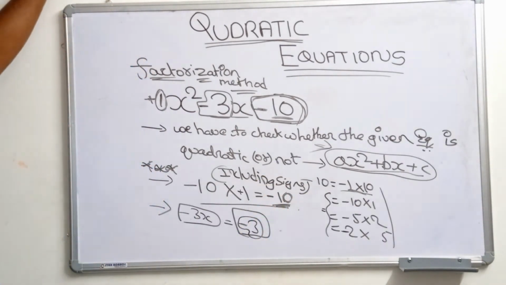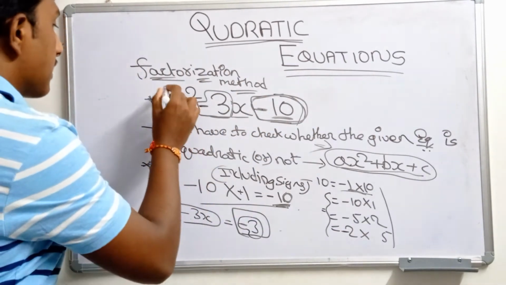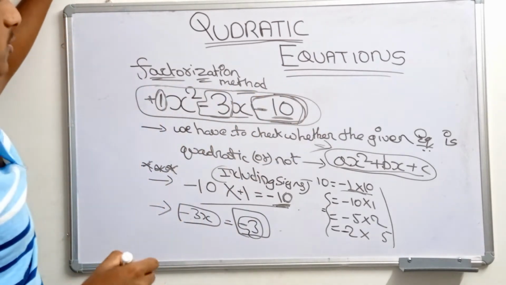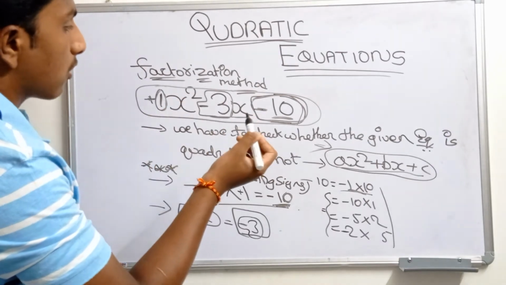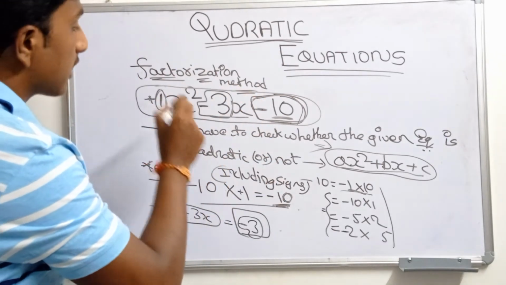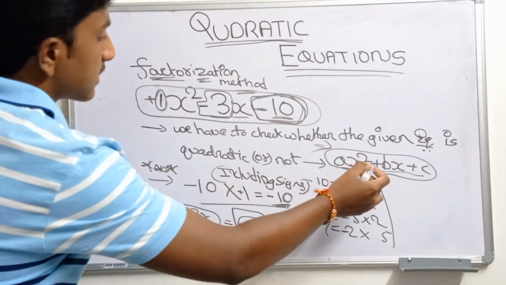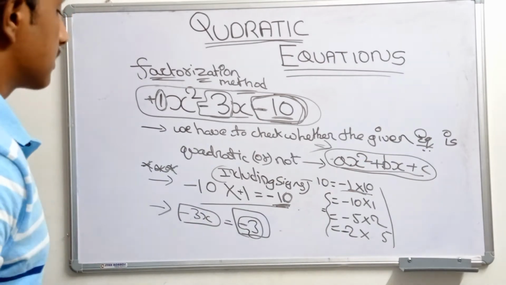Once again, I am repeating: in the quadratic equation, when we move to the factorization method, when the equation is given in this way, we have to check whether it is a quadratic equation or not, and also check that it is in the form of x square plus bx plus c, and the signs change; plus, minus, any sign can be there.